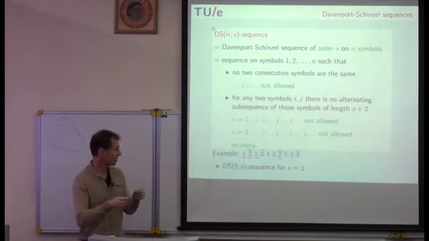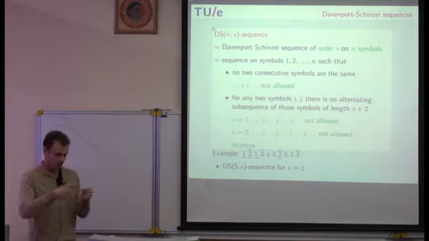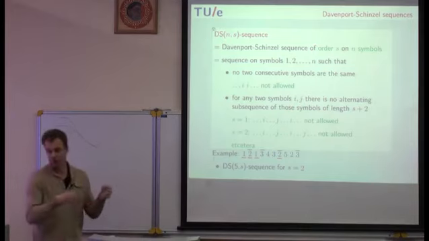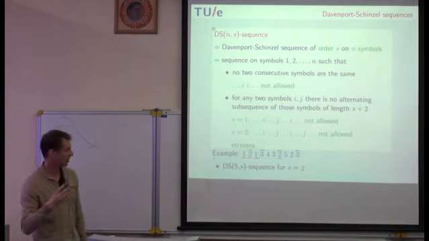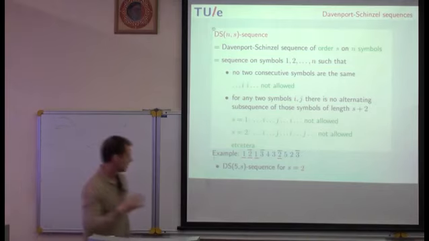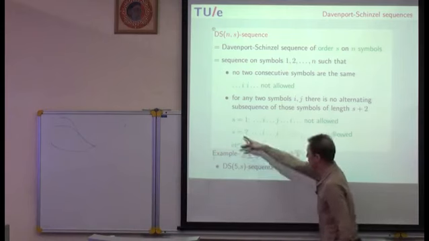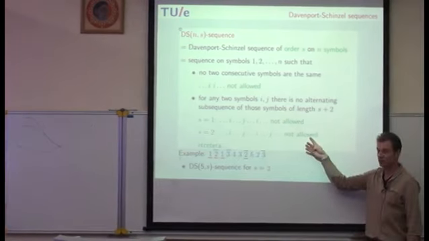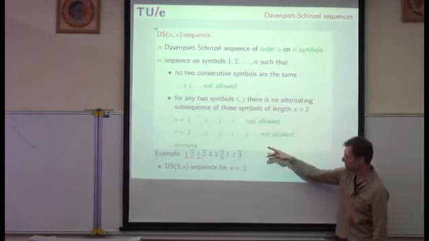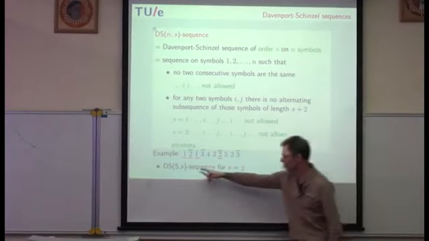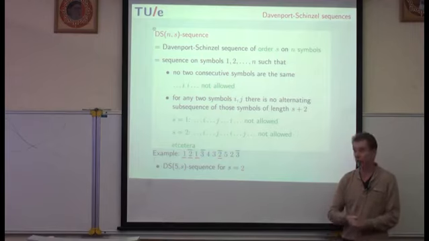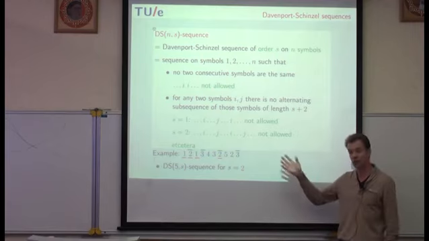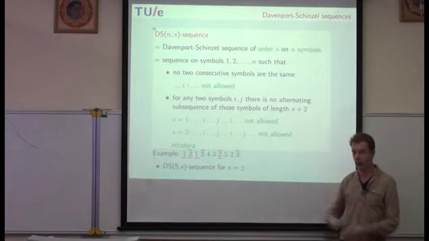So I don't have something like 1, 3, 1, 3, 1. The longest is 4, okay? But for S equals 2, 4 is not allowed. So this is a Davenport-Schinzel sequence of order 3. It's also a Davenport-Schinzel sequence of order 4 or order 5, but 3 is the smallest number here.